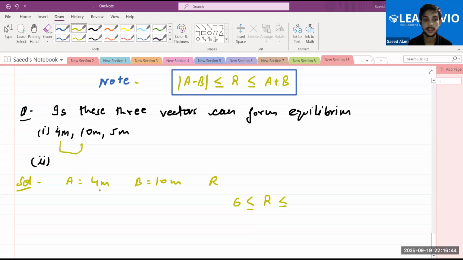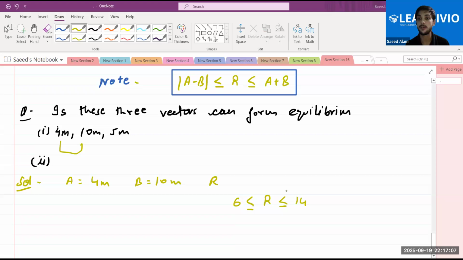We are choosing the two vectors to be 4 and 10, and we'll watch whether, in any orientation I keep A and B, I can get the result to be 5. So A plus B will be 14.